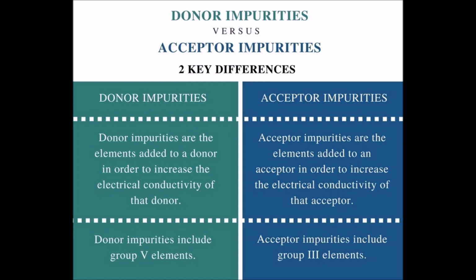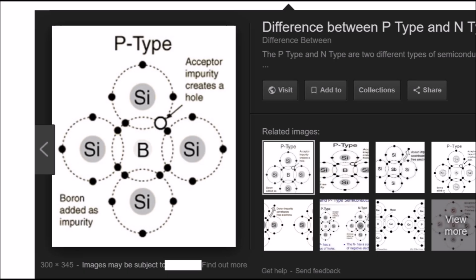Acceptor impurity. An acceptor impurity accepts an electron from an adjacent atom to create a hole. Acceptor impurities are also referred to as p-type impurities. Common acceptor impurities in silicon or germanium are boron, gallium, and indium.